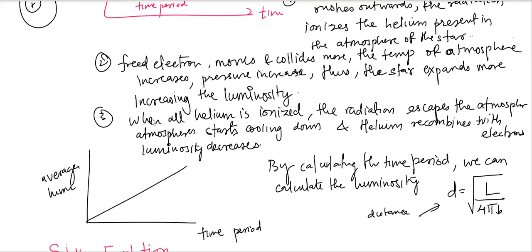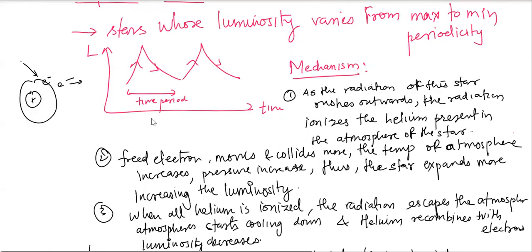So that's why these stars are used as what we call standard candles. Whenever we see such a star in a distant galaxy, that star's luminosity keeps on varying, and that helps us to determine the distance to the faraway galaxy.